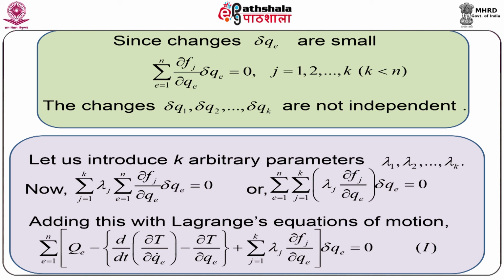Therefore, we have to introduce k arbitrary parameters, say lambda 1, lambda 2 up to lambda k. Multiplying this equation by lambda j and summing over j, we get this result. This can be written in this way.